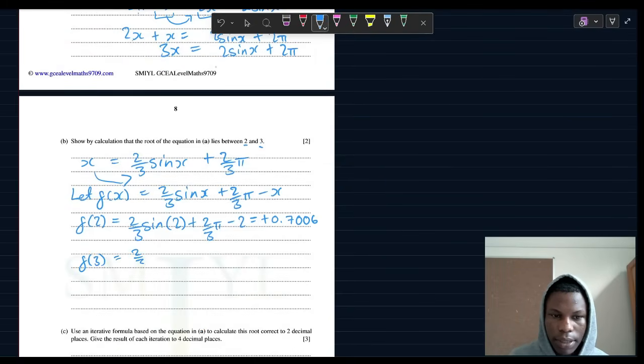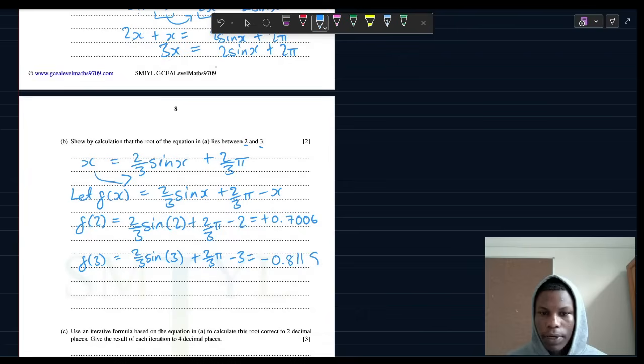So that's 2/3 sine of (3) plus 2/3 pi minus 3 is equal to... So now x is 3. We get negative 0.8115. And so notice that there is a change in sign.